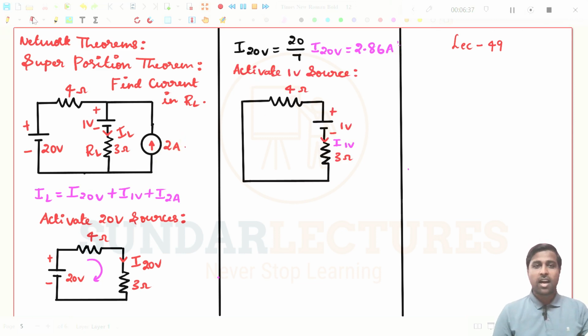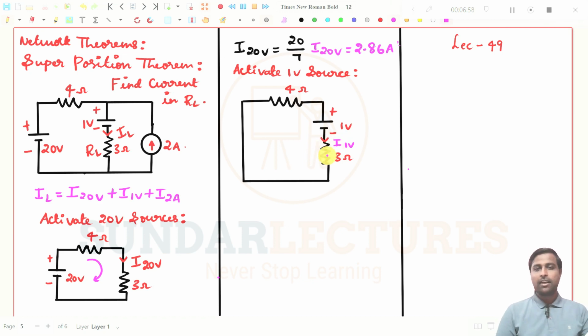See, I have activated the 1 volt source. Only the 1 volt source is present here, and the 20 volt source has been deactivated by short circuiting, and the 2 ampere source has been deactivated by open circuiting. So now this is I due to the 1 volt source, and I need to find the current in this direction.